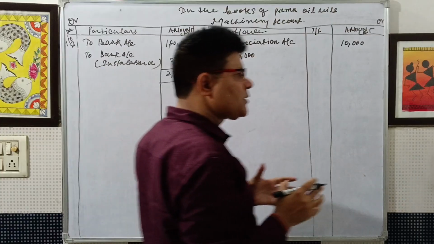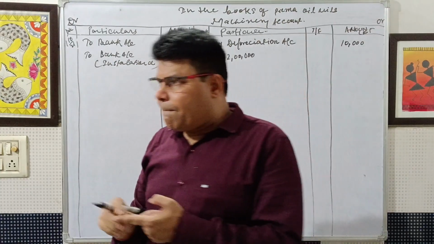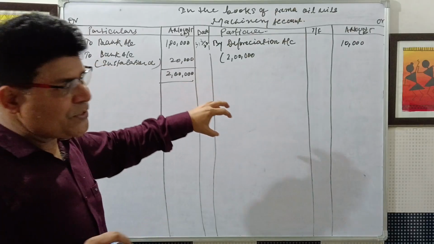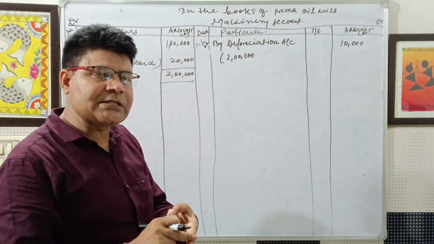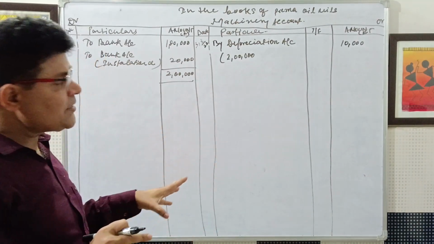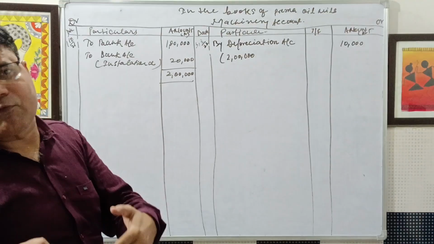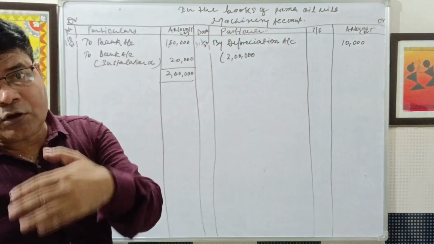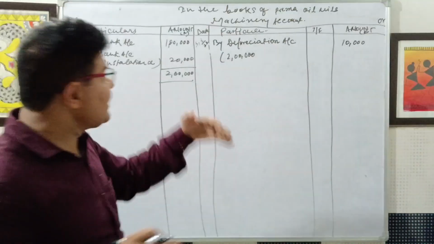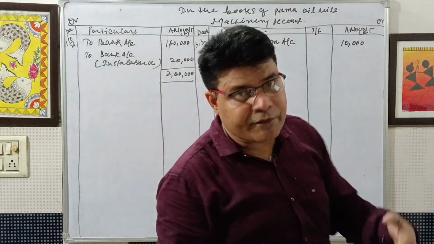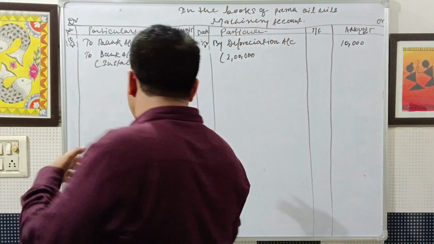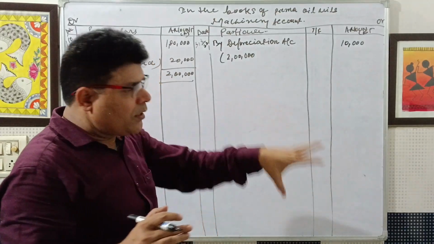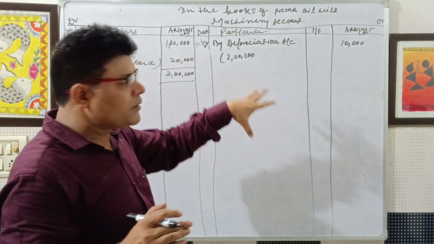Depreciation equals cost of assets, meaning purchase of machine plus installation charges, minus scrap value, divided by life of assets. If the percentage is not given in the question you use that formula, but in this question the percentage is already given as 10%.